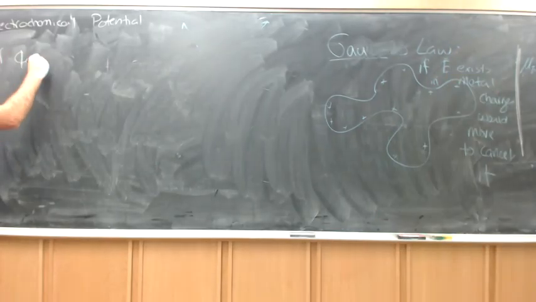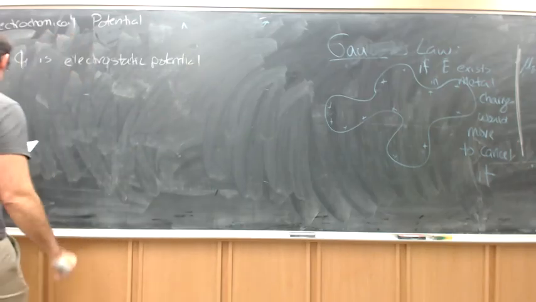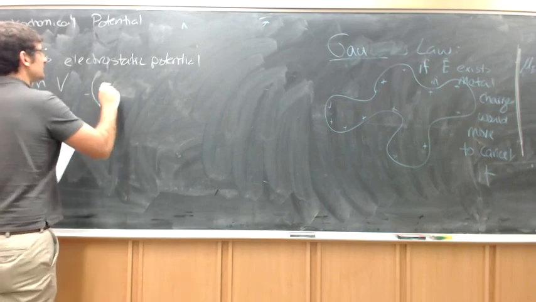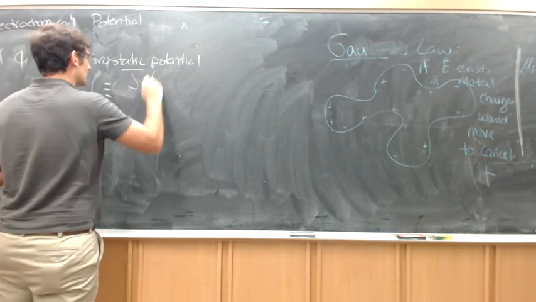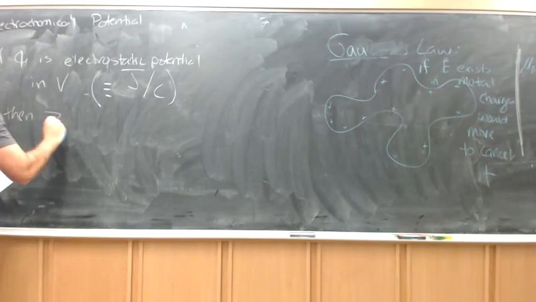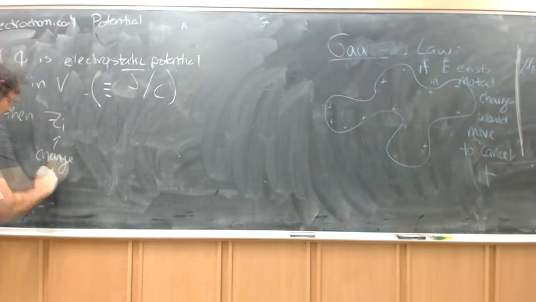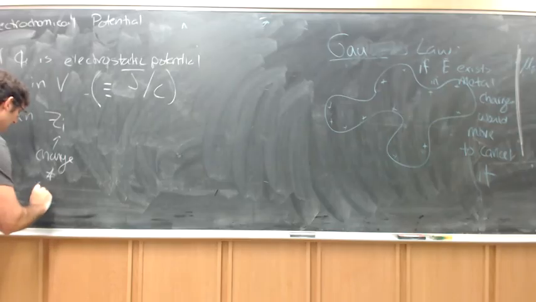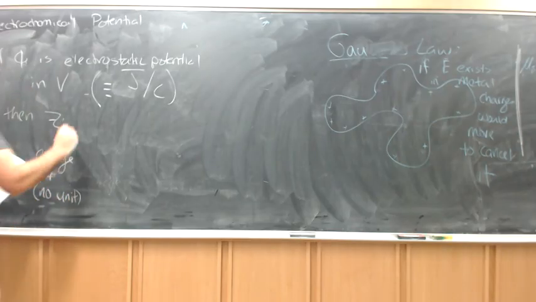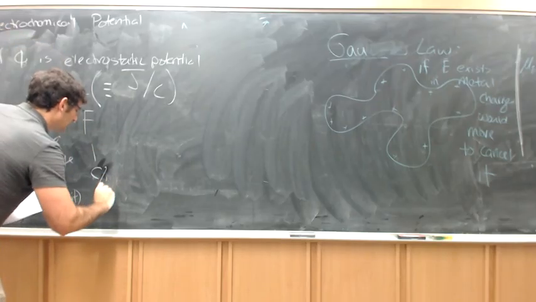So if E is electrostatic potential in volts, the unit for a volt is a joule per coulomb. Then as we wrote, Zi is charge number, a unitless number, times F, which is coulombs per mole.